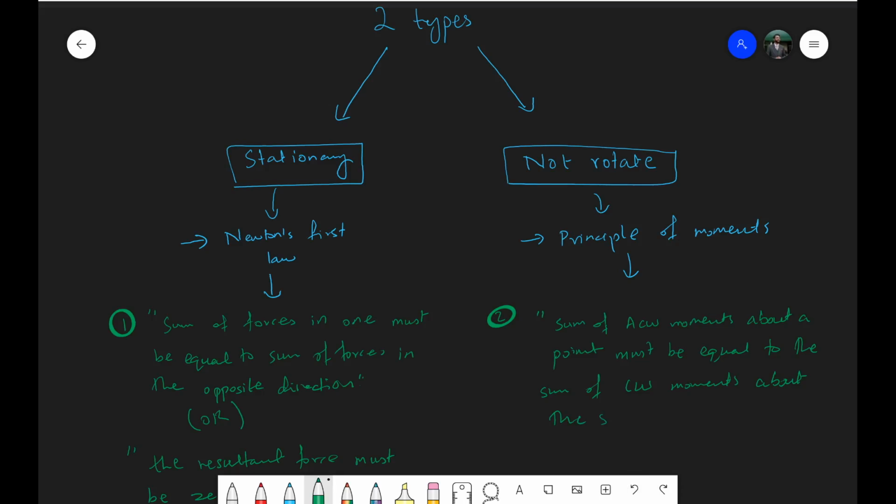If you remember, this is exactly what we wrote down in the previous class as well, that clockwise and anti-clockwise moments must be equal.